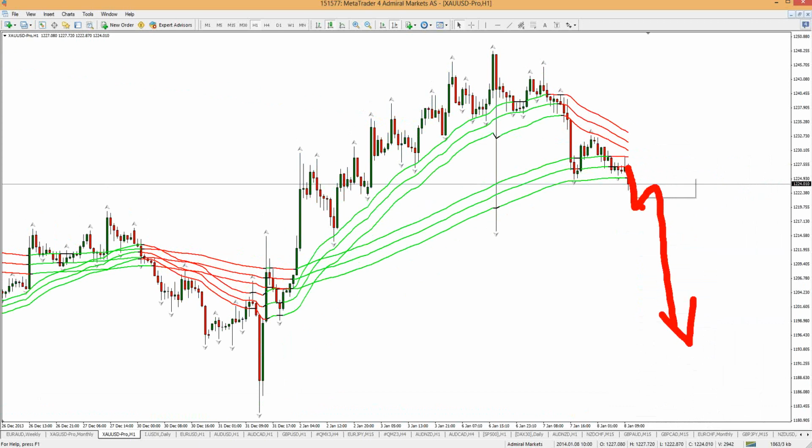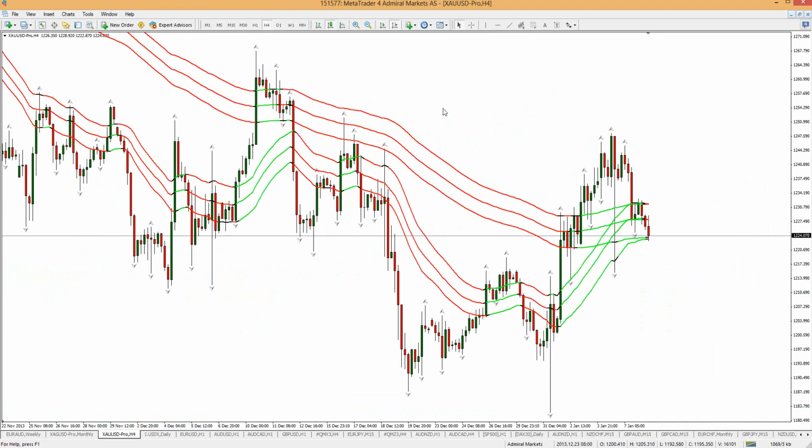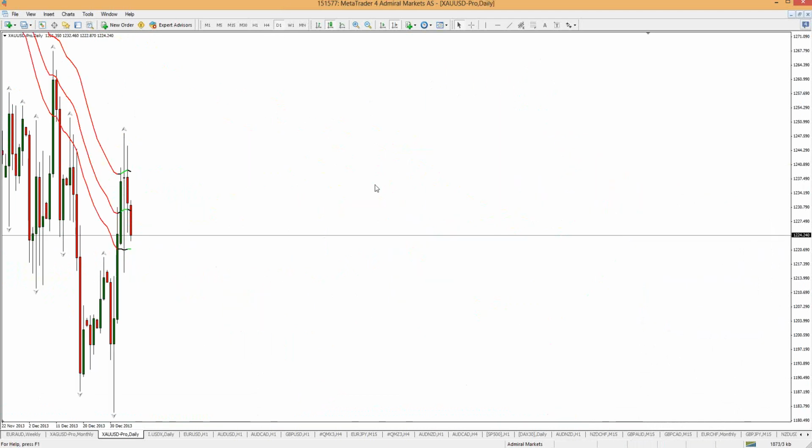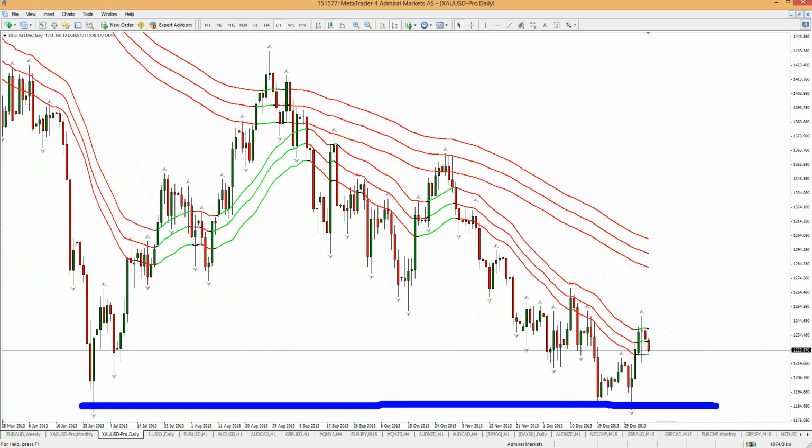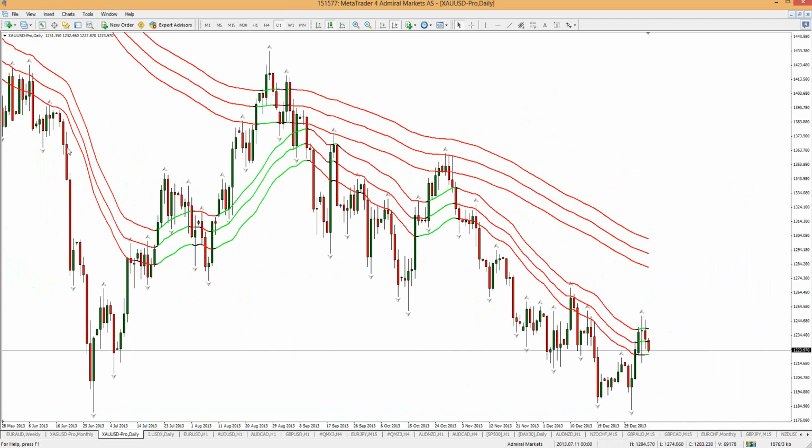Then the next break, pullback, continue, and the continue part could be maybe the better one. But any shorts would really have to be careful, of course, of this support level, obviously, because it didn't break 3 times, so there's definitely potential that we might not break it again.